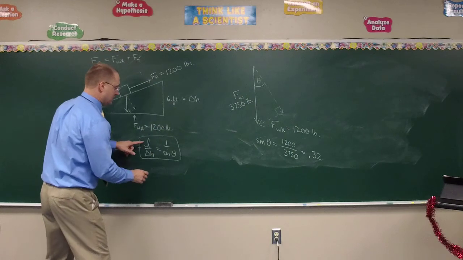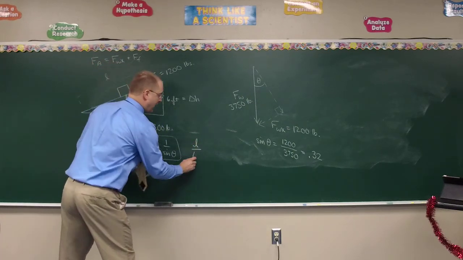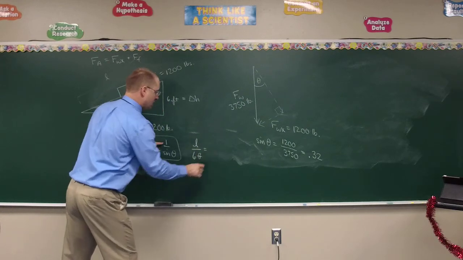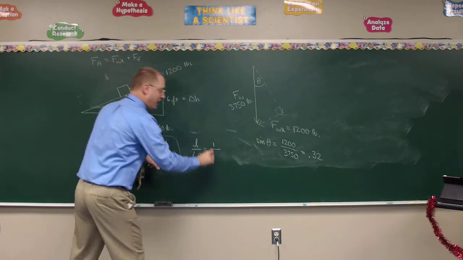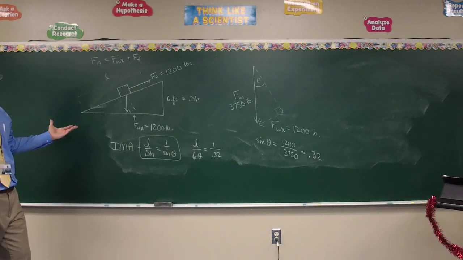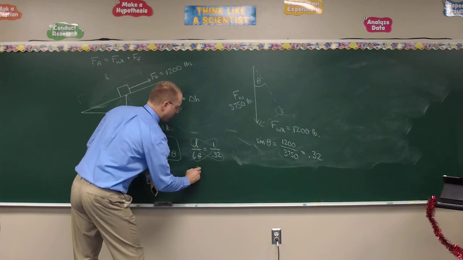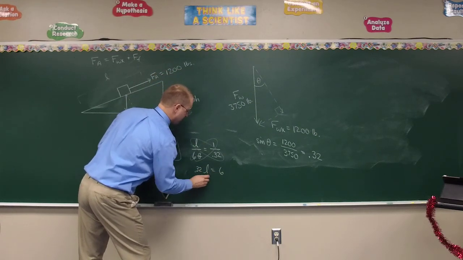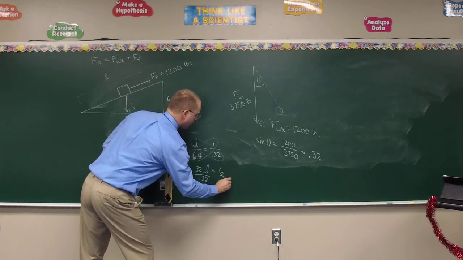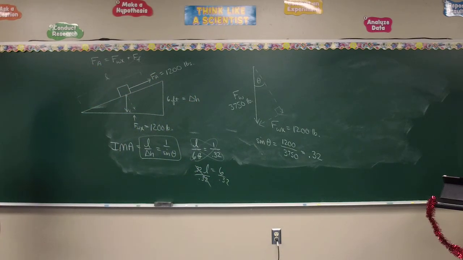What that means is that the length, whatever it is, that's the question, over the change in height, 6 feet, must equal 1 over the sine of theta, which we said is 0.32. How do we solve? Cross multiply. We'll take the 0.32L equals 6, and if we divide the 0.32 from both sides, we'll get the length of the ramp that we need. 18.75.